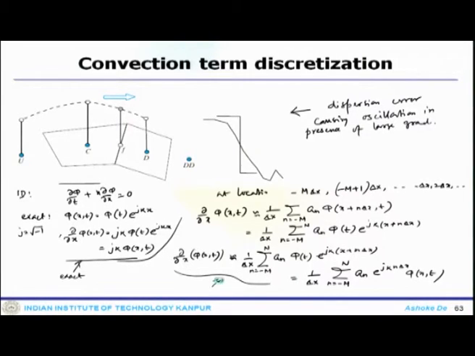Now, if you compare both of them together, one can find k equals minus j by delta x summation n equals minus m to n, a_n e to the power j k n delta x. What you can get is that k is essentially an imaginary number.